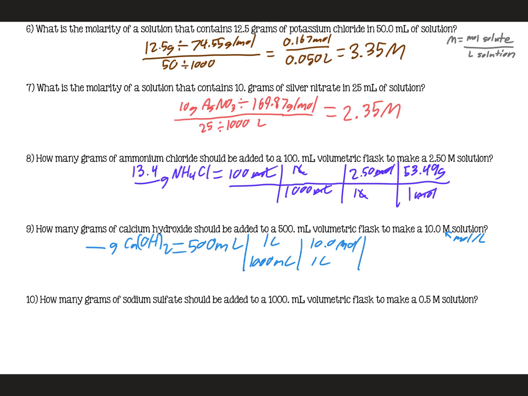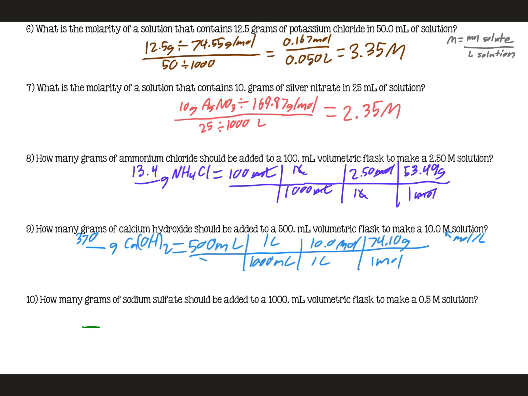We also know from the molar mass of calcium hydroxide, which is 74.10 grams per mole, that there are 74.10 grams in 1 mole. And then we can multiply the top numbers and divide the bottom numbers to get 370 grams of calcium hydroxide.